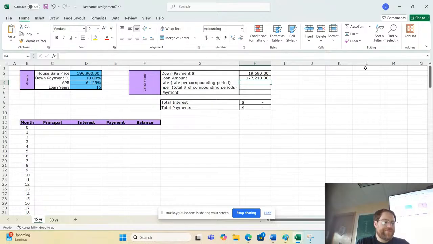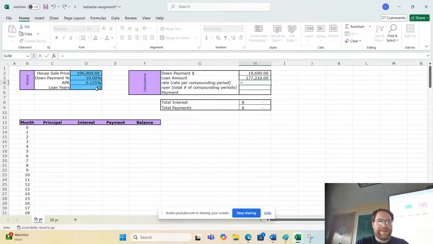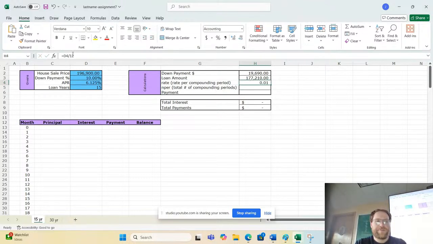Step four, we can enter a formula to compute the rate per compounding period. To do that, that is going to be equal to the APR, which is D4, divided by, if we're compounding every month, 12 for the rate.